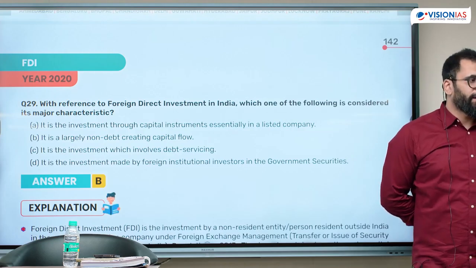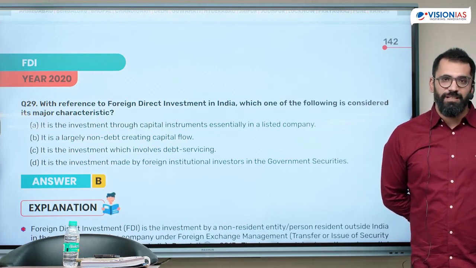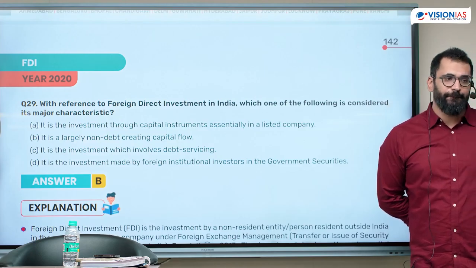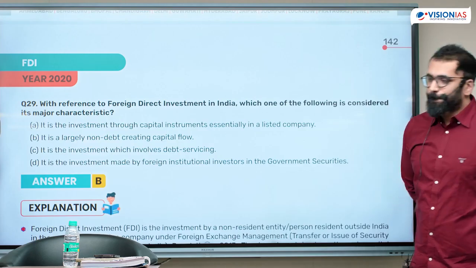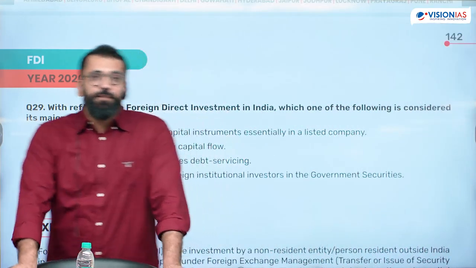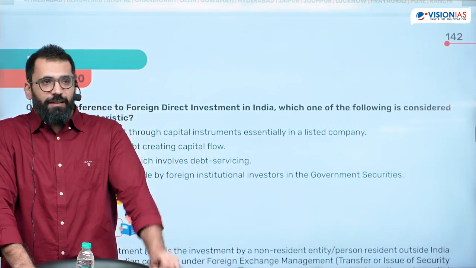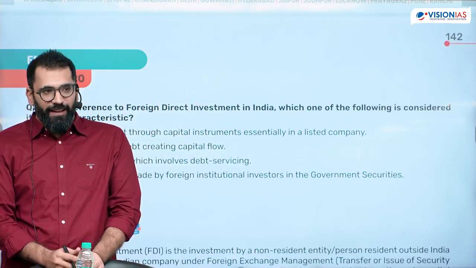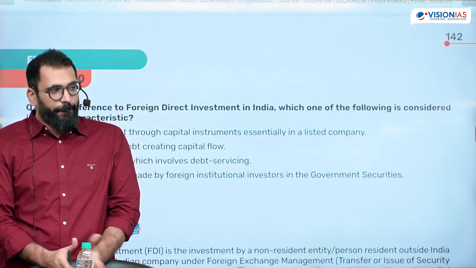Investment by non-residents. So if non-residents are investing in your country, is it a liability? How? If Suzuki is investing in Maruti, is it a liability on Maruti? How?